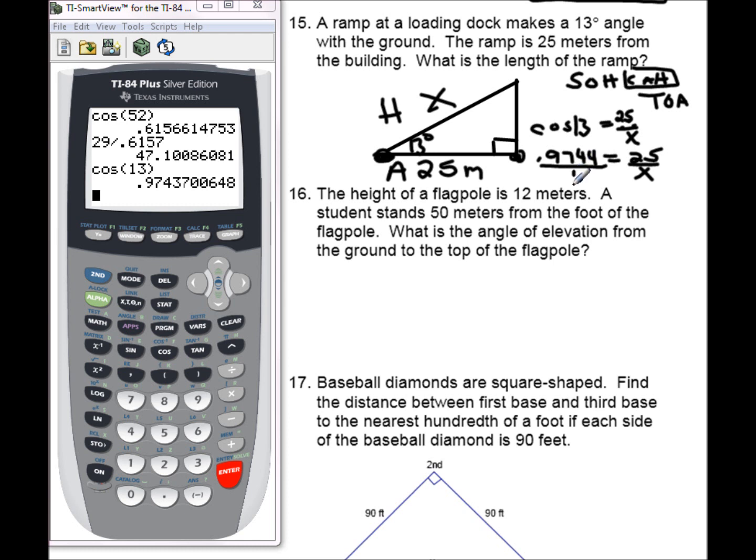I'm going to cross multiply, and I get 25 equals 0.9744x, because that's times x. And I want the x alone, so I need to divide both sides by 0.9744.